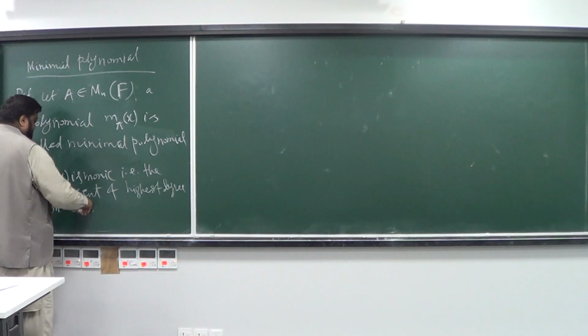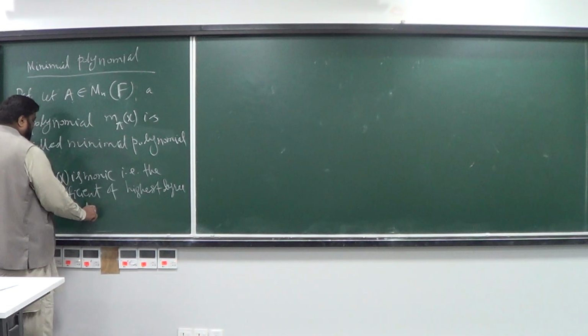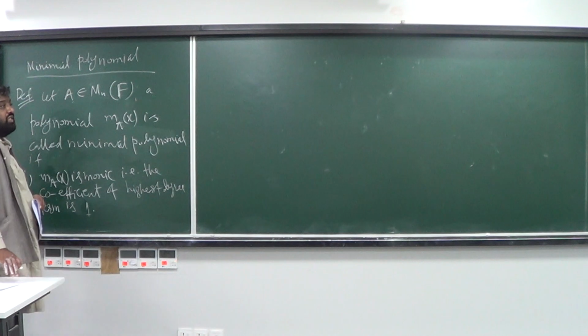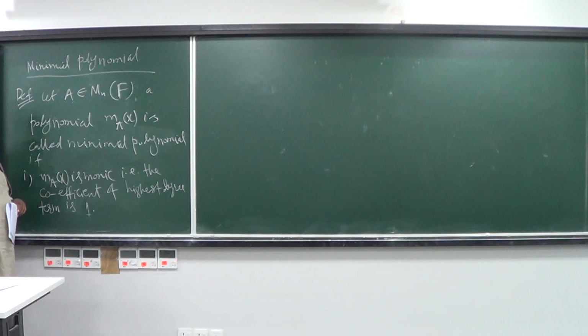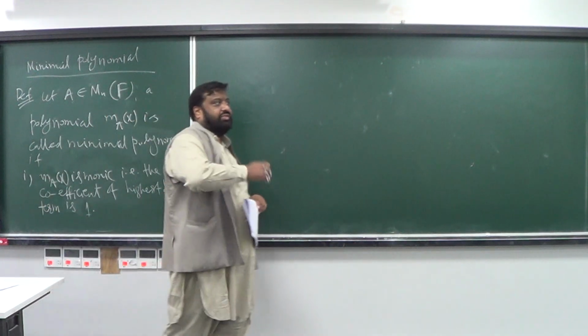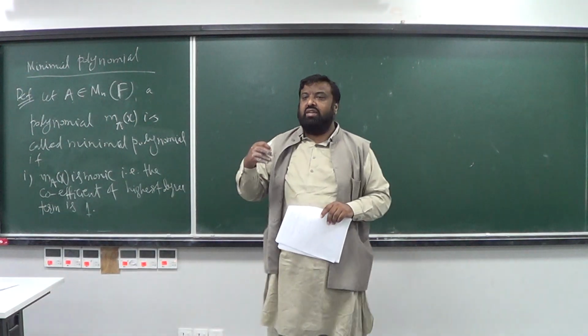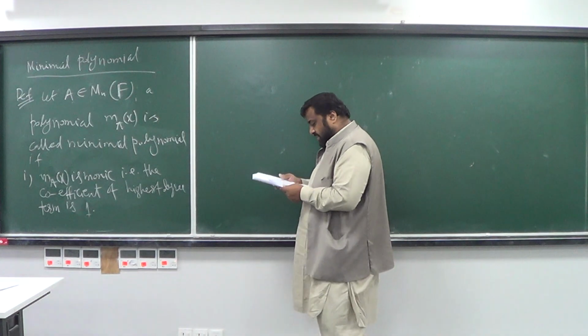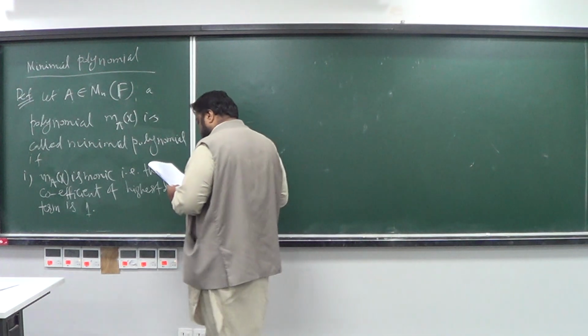Any polynomial in which the highest degree coefficient is 1 is a monic polynomial. By the way, the characteristic polynomial is also a monic polynomial, because the first term of it is x to the power n.